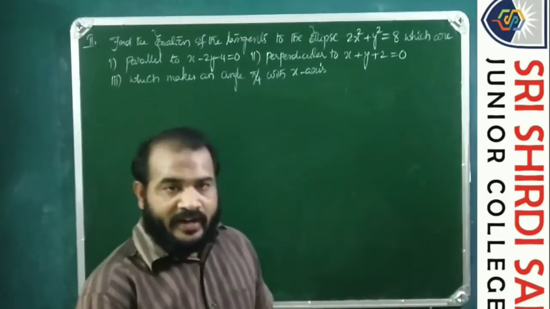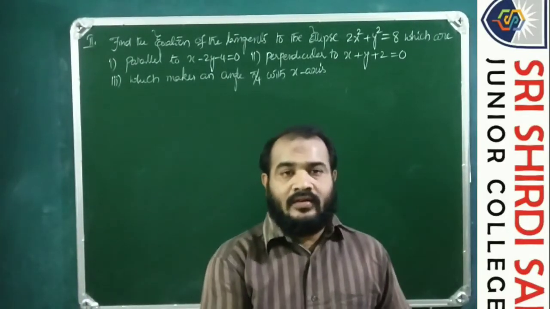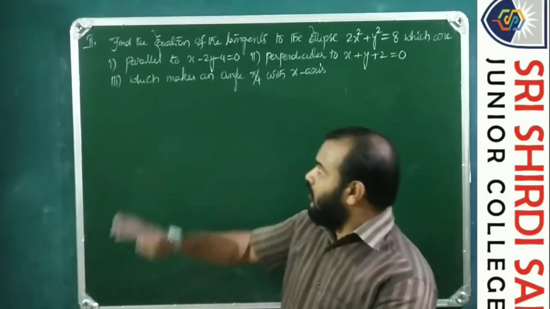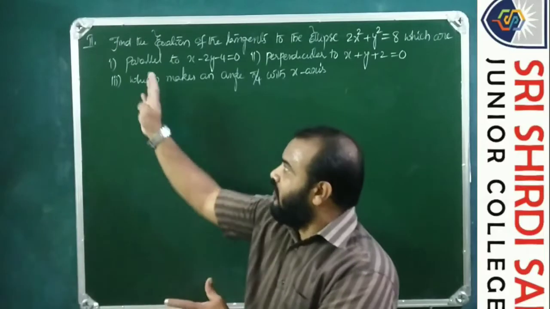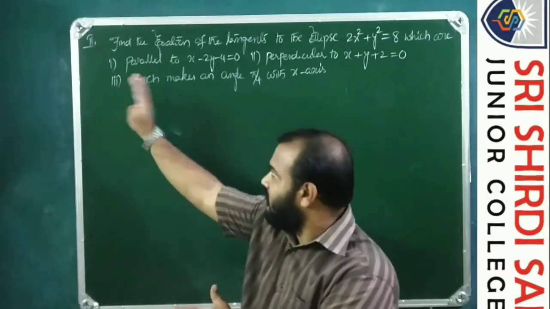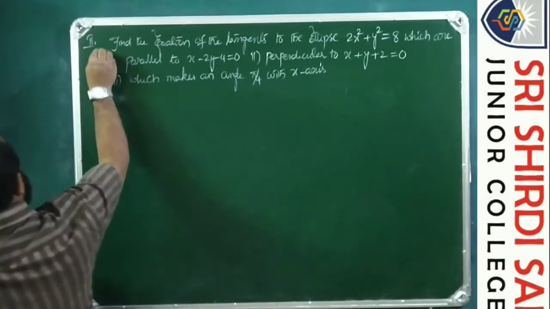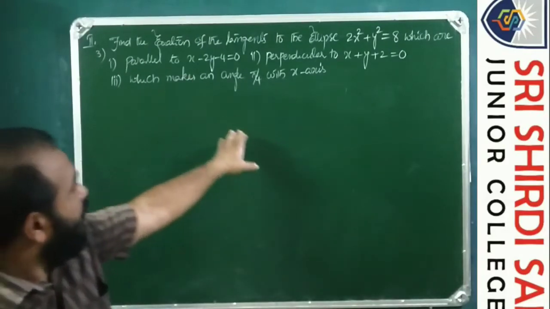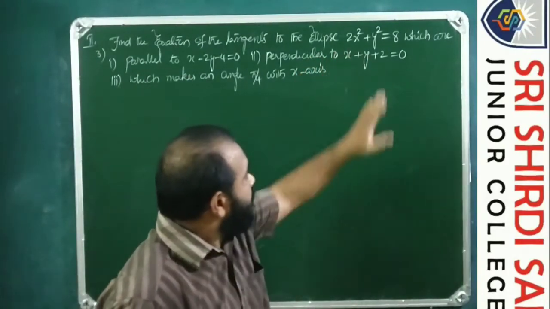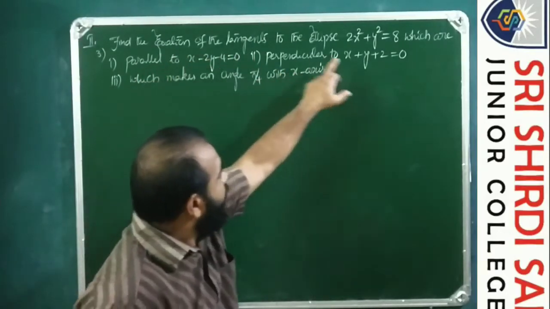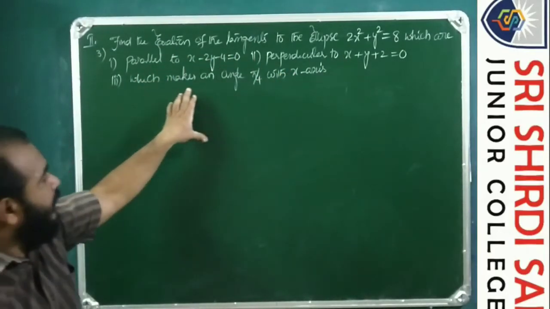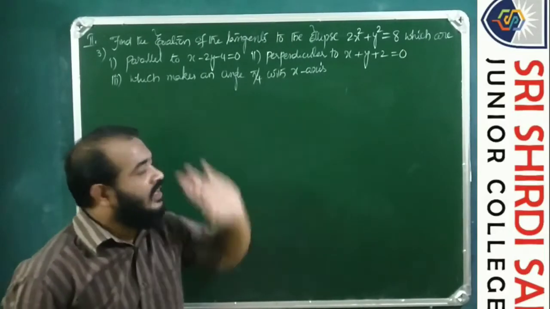So before we wind up today's class, before the first and second problems, let us solve this. This is the third problem from the second problem. Find the equation of the tangents to the ellipse which are parallel to this line, perpendicular to this line, and makes an angle alpha with the x-axis.